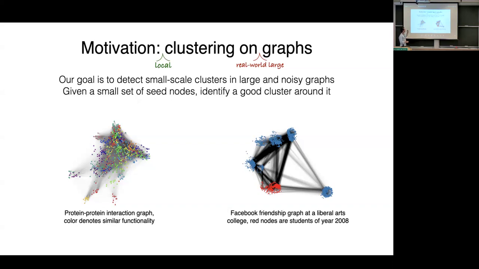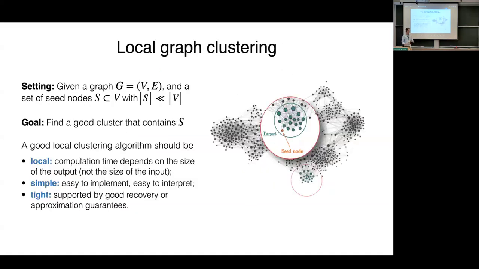We're not trying to detect all the different types of local structures, rather just one in particular. For that case, we're assuming to have a small set of seed nodes that take part in that cluster. So our goal is to find the actual cluster that also contains this set of seed nodes. This is more or less the goal of local graph clustering.